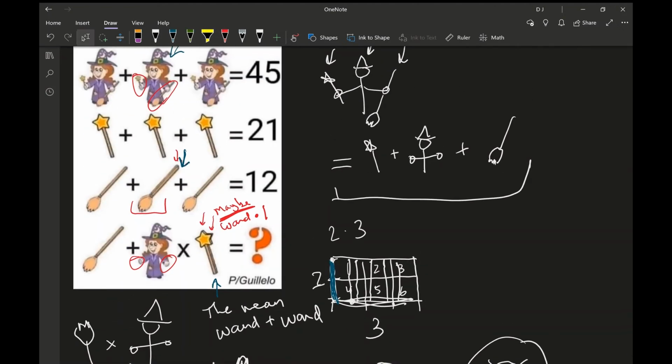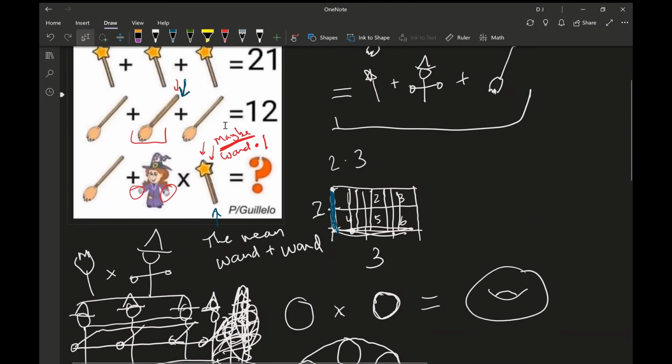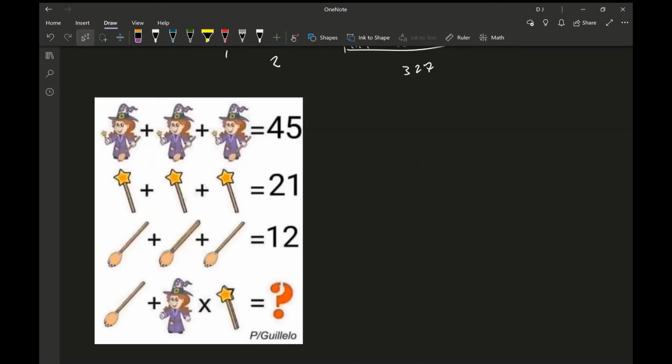So let us do this the way that they wanted us to do it. We're going to just do this regular old algebra. I'm going to use a W for the which person. I'm going to use an S for the star, wand.